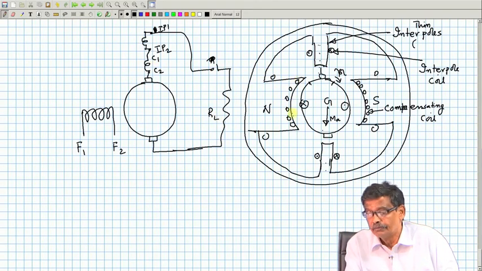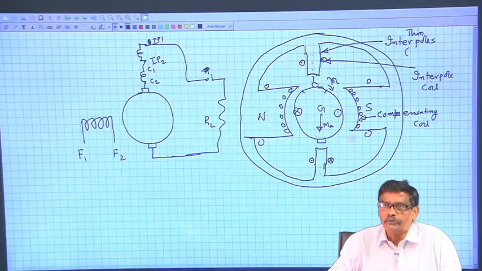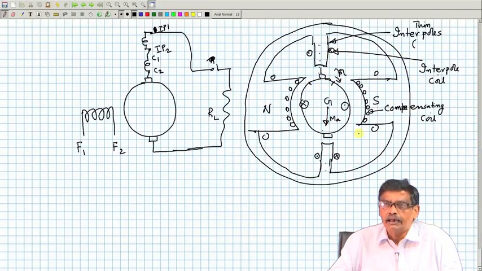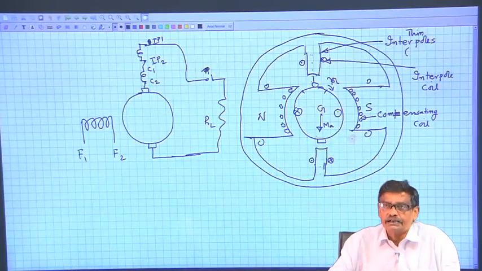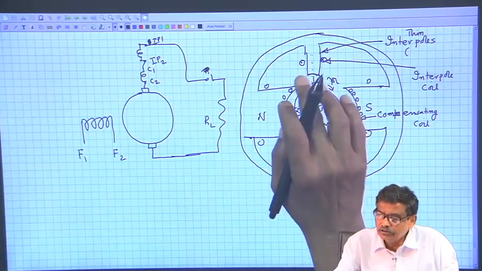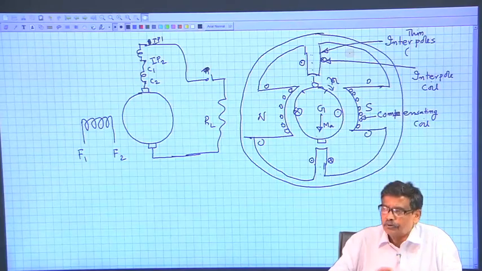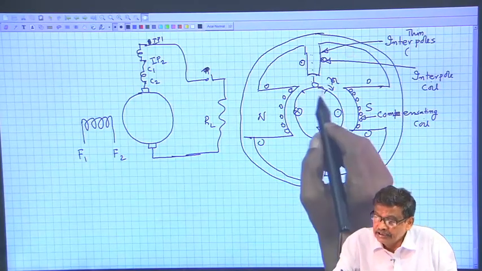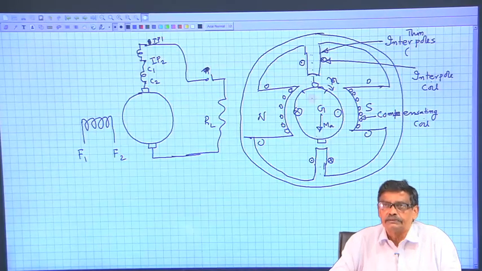Compensating coil will be pole phase coil, and also, if you have enough money, then go for an almost fully compensated DC machine, having both compensating coil and thin interpoles, to nullify the effect of armature reaction. That is what I am to tell.